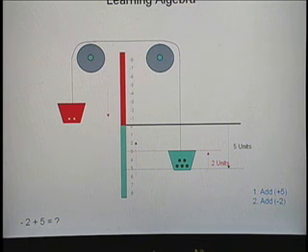Now the dark straight line, which is on 0, shows where our buckets were originally. So the green bucket is still not at that point. So where is the green bucket?